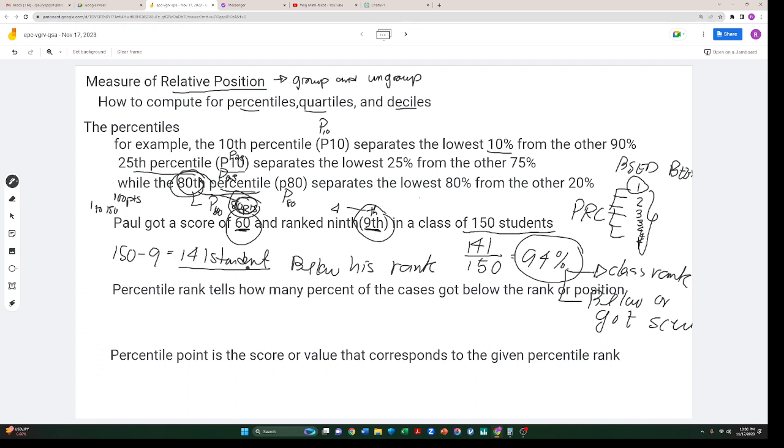So, nasabtan na ninyo ang gipasabot, no? 94%. Again, then we can say that the percentile rank of Paul in the class is, this is my percentile rank.